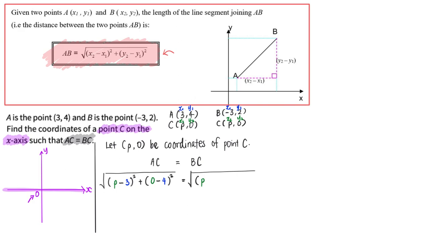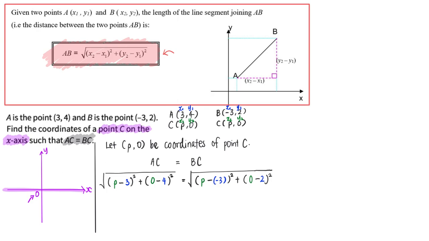Again, I will have P minus, this is a negative value, so I put a bracket, plus 0 minus 2. And we just have to solve this equation here.